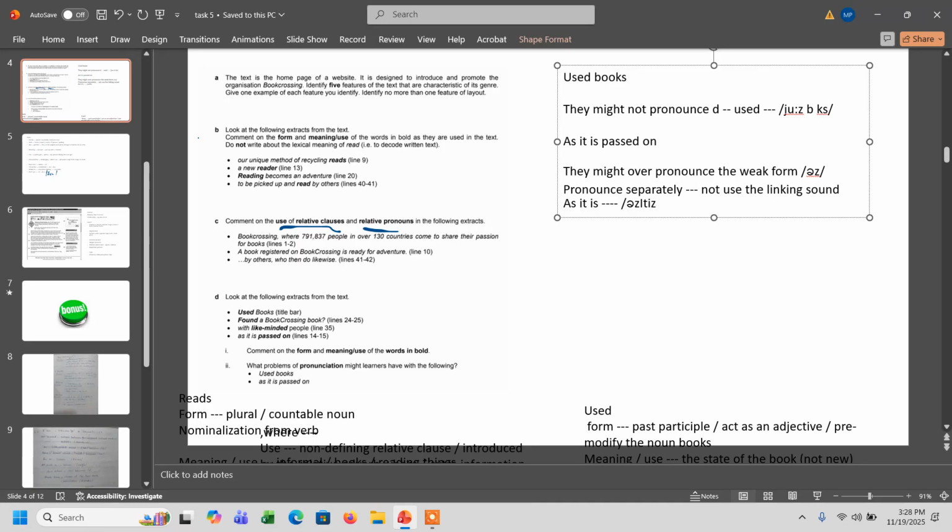But they don't use the link sound. They might not use the link sound. As it is. And what else? It is, okay, this is capital I for the it is sound, but on the keyboard I don't know how to type this. As it is. And passed on.